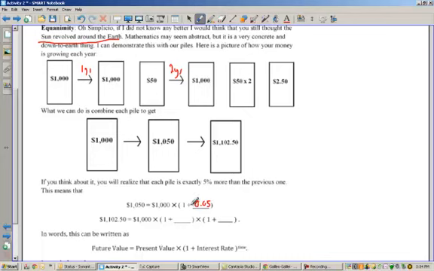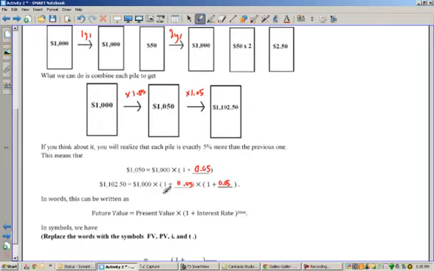And the next pile can be found by doing that again. So $1,102.50 is the same as 1,000 times 1.05 times 1.05. Right? Each time you're basically just multiplying by 1.05 to move here, then times 1.05 again to move there.